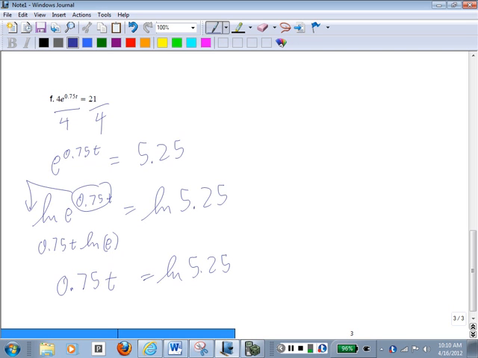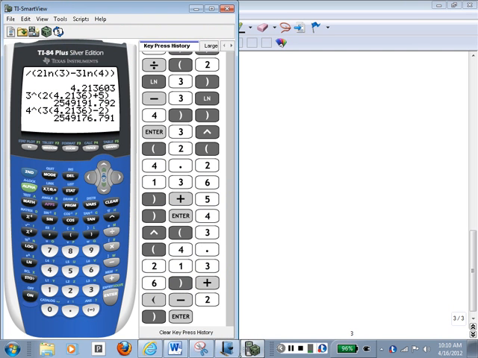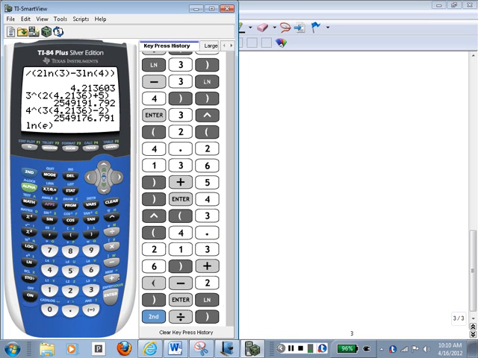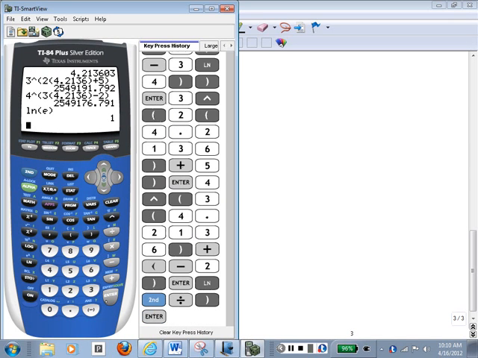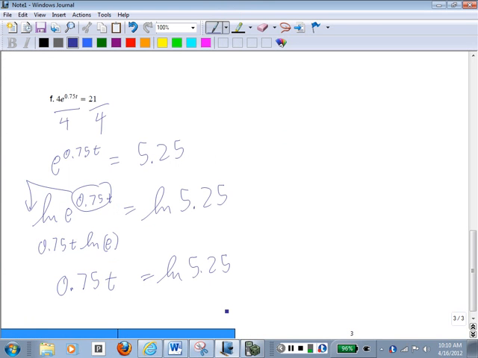What is the natural log of e? Calculate on your calculator. It's 1. Natural log of e is the power that e can be raised to get e as the answer. What power can e be raised to get e as the answer? Well, e to the first power equals e. So that's one way to see it.